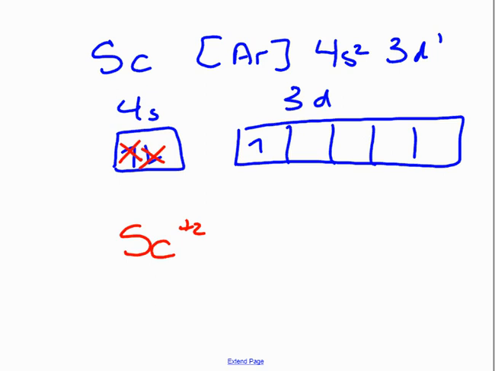But it's also possible now that I could lose one more to become even more stable and have scandium, who has now lost these 2 because they had to be lost first, and then the d, and have scandium with a +3 charge. And we can lose multiple electrons from that d subshell.